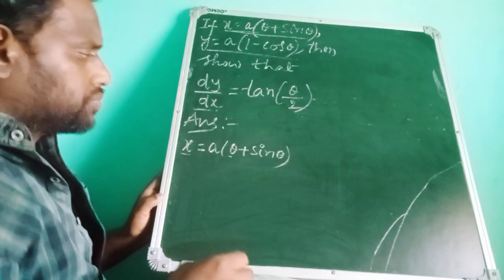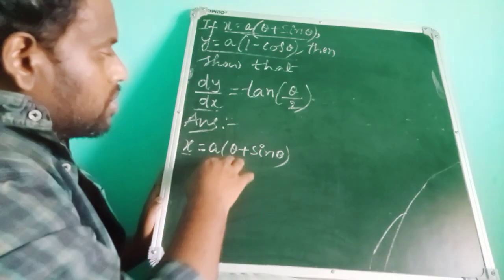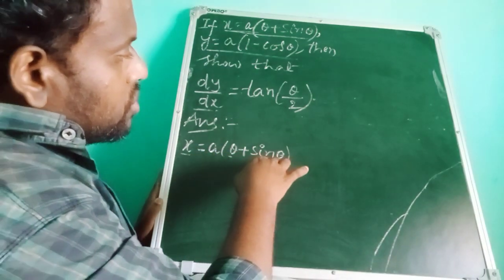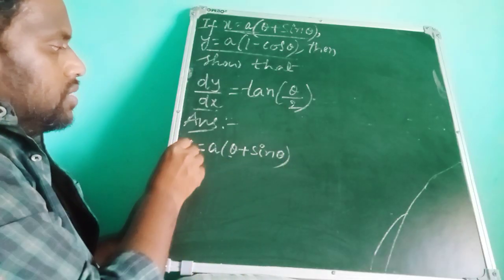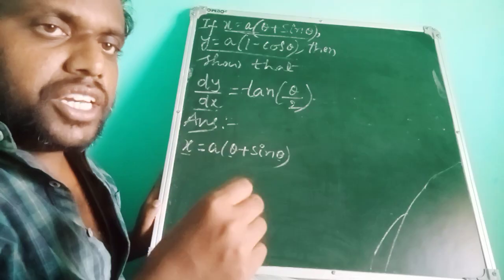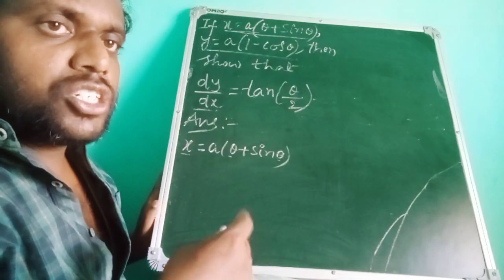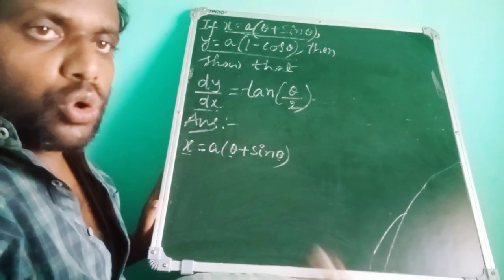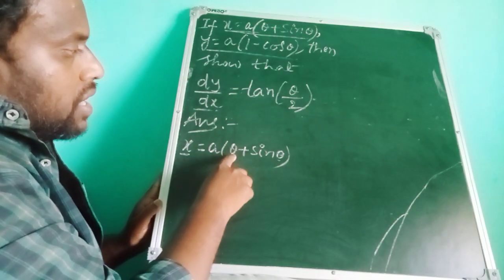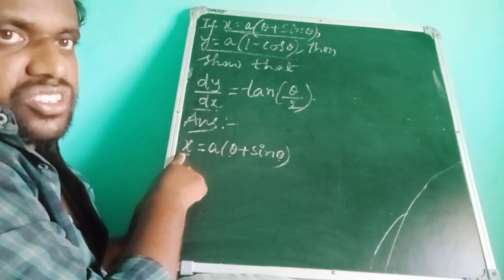Now, after the equal sign, the variable is theta. X is the dependent variable, theta is the independent variable. Independent means it changes its value on its own, but the value of x depends on theta. As theta changes, x value changes.